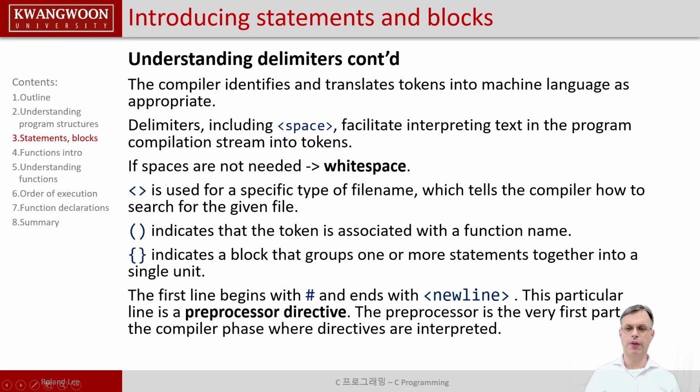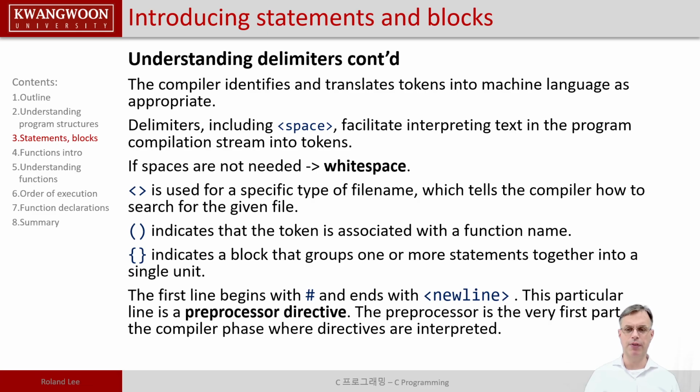Now we also consider the first line that starts with sharp and ends with a new line. This is an asymmetric delimiter pair. This particular line is the preprocessor directive. So don't forget, this is the preprocessor directive.